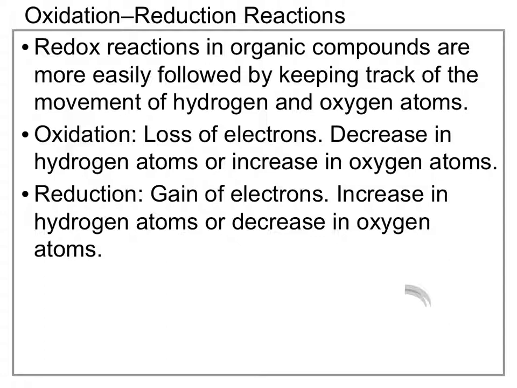However, we can also see if a reactant has decreased in hydrogen atoms or increased in oxygen atoms. The opposite is true in the case of reduction. If something is being reduced, it is gaining electrons. However, we might also see, depending on the reactants, an increase in hydrogen atoms or a decrease in oxygen atoms. And we'll take a look at some examples of that.